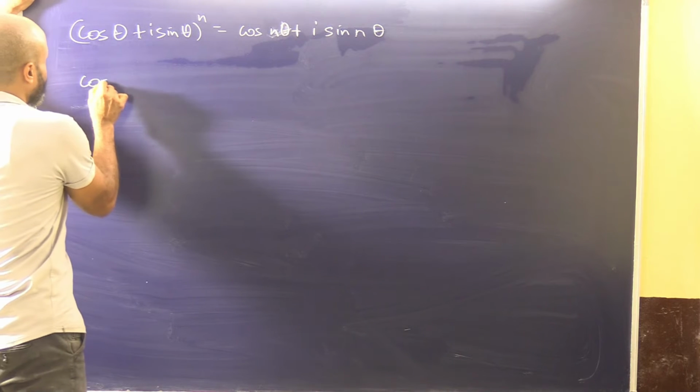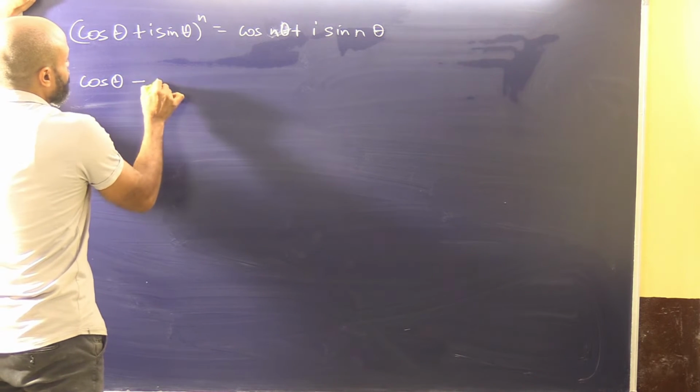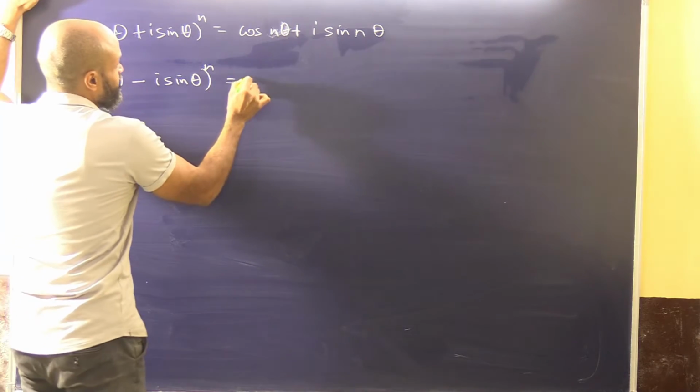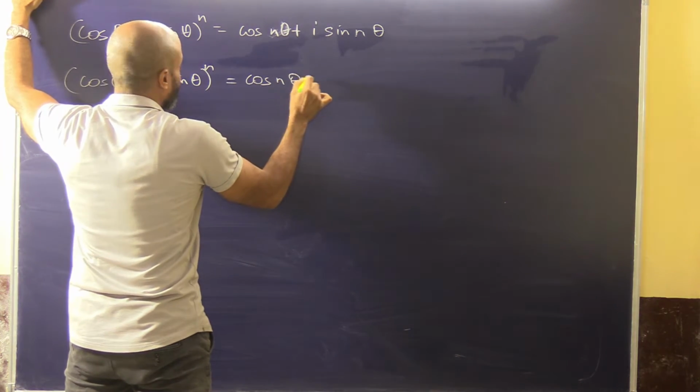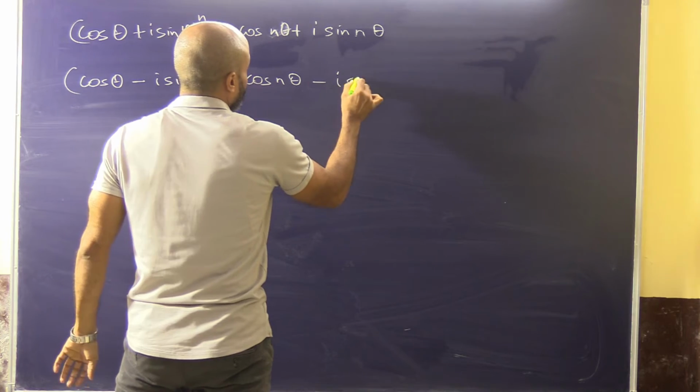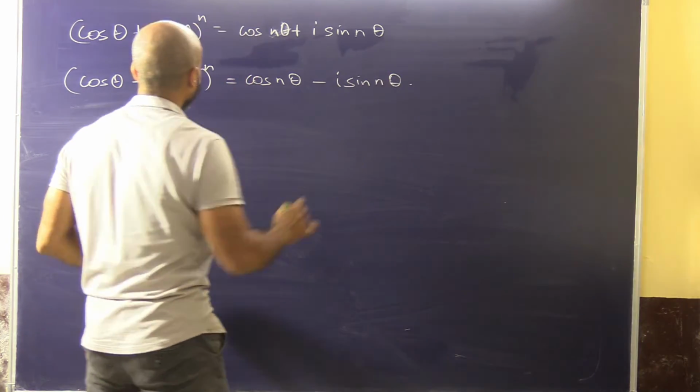What if this is subtraction? (cos theta minus i sin theta) to the power of n. So this will be cos n theta minus i sin n theta. How is it coming this way?